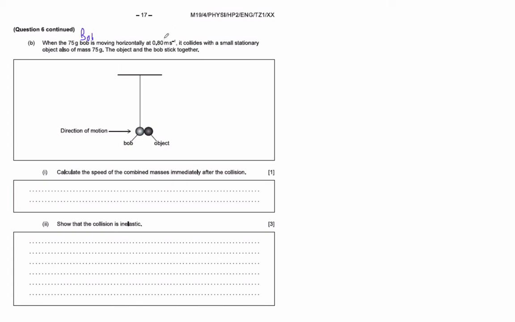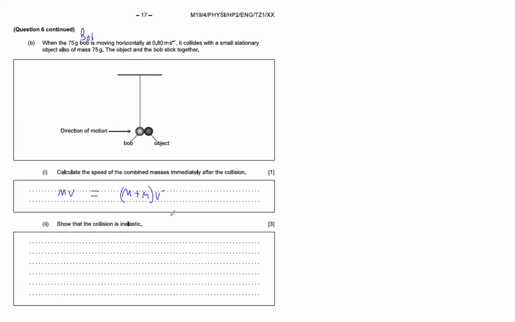It collides with a small stationary object, also of mass 0.75 grams. I'm assuming this is something like beeswax, and these guys just stick together. Calculate the speed. So use conservation of momentum. mv is going to turn into m plus m times v. It's pretty simple. If you double the mass, what's going to happen to the velocity?